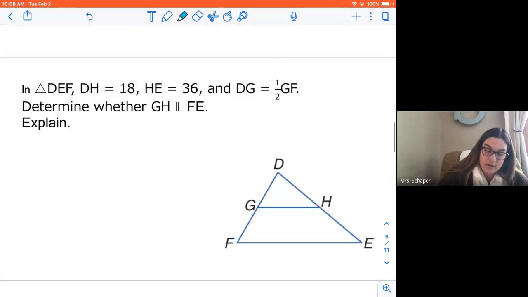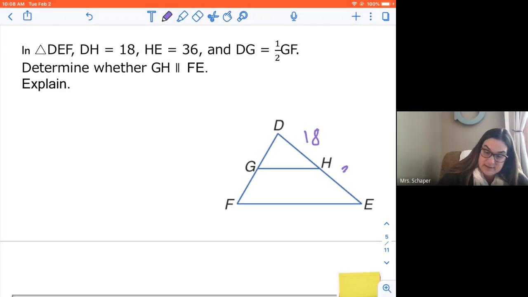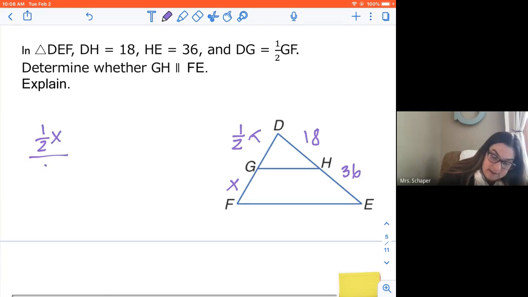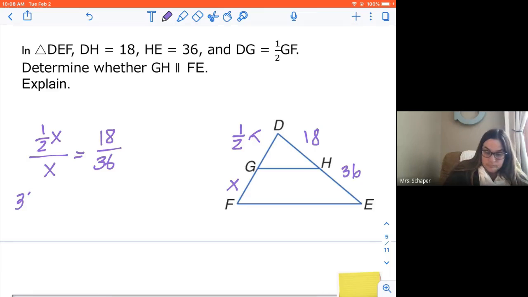So let's take a look at how this works. DH is 18, HE is 36, DG is 1/2 GF. Well, I don't know what GF is, so I'm going to call it x. So this is going to be half x. We want to see if they're proportional. Is 1/2 x to x proportional to 18 to 36? So 36 times 1/2 x, is that equal to 18x?